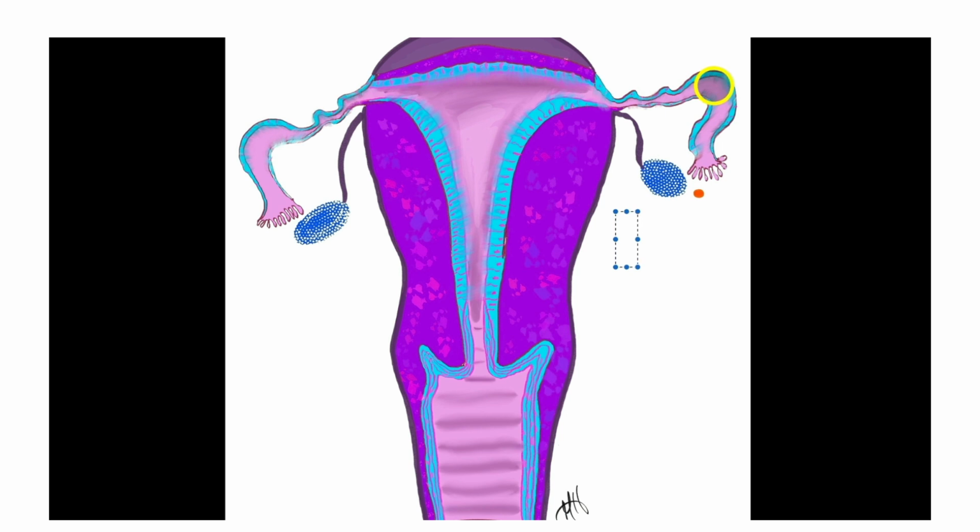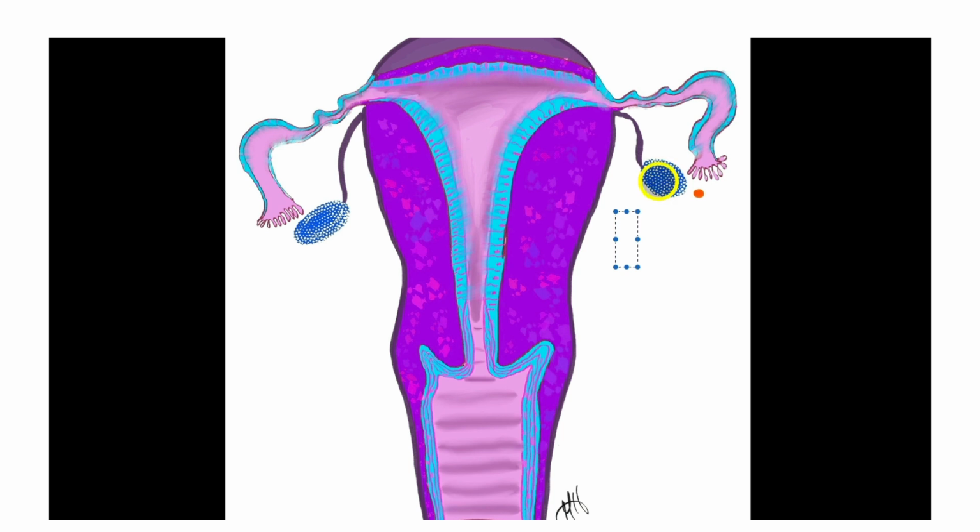Please keep in mind that fertilization generally occurs in the fallopian tube within the ampulla, but then that fertilized egg, which we refer to as a zygote, needs to make its way back into the uterus, and that's achieved by these peristaltic contractions of the fallopian tube in addition to the beating wave-like motion of the cilia.